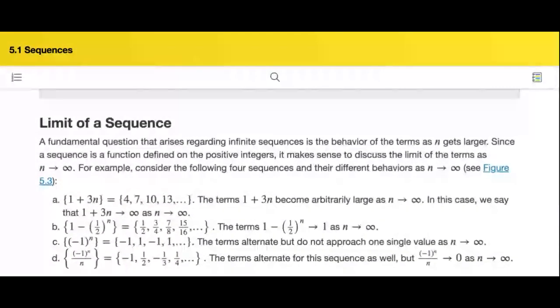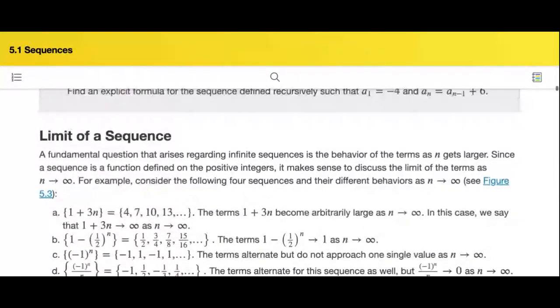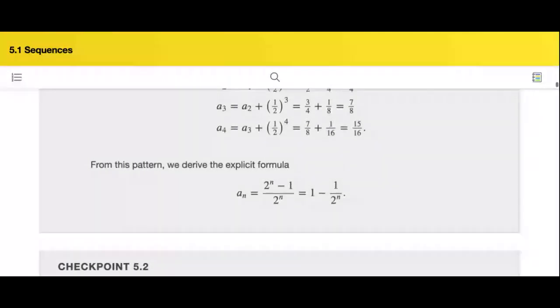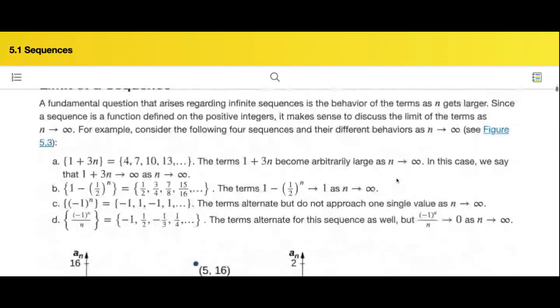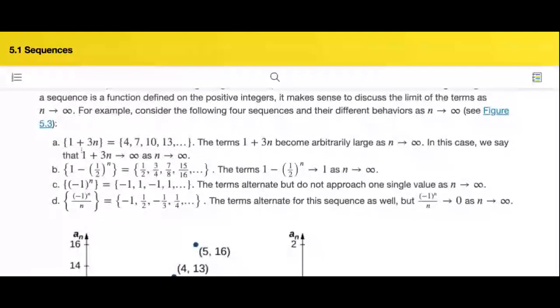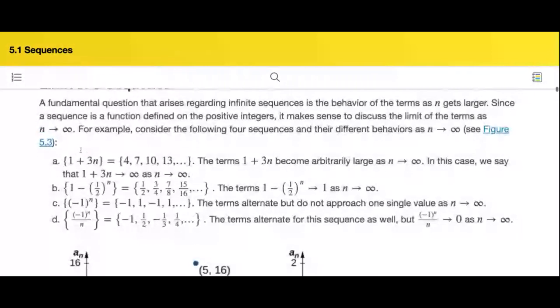Okay, limit of a sequence. With the nth term, we can take a limit. Let's see this nth term. If you take a limit, when n approaches infinity, we get 1 for this. Let's see, A. So the nth term is defined as 3n plus 1.